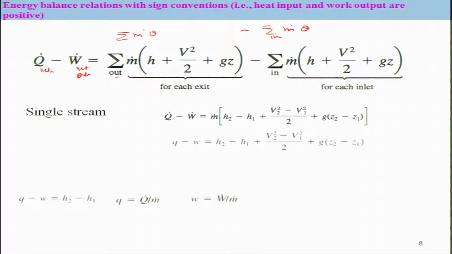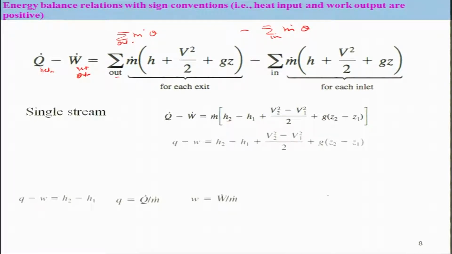This is the change in the energy due to the flowing mass. For a single stream, of course, you are going to consider only h2 minus h1. Most of the time we will be ignoring the velocity, kinetic energy, and potential energy, and only for some cases we have to use them.